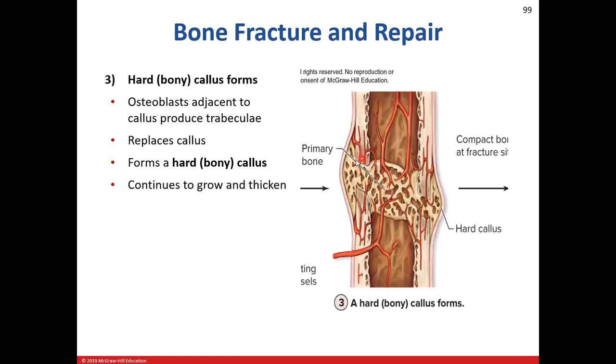This is going to replace the callus, and it forms what we call the bony or the hard callus, as opposed to the fibrocartilaginous callus that we just had in phase 2. We're going to see a situation where this bony callus begins to thicken and grow, and you can also see where it starts to bulge out a little bit on the sides, right where the fracture actually took place.